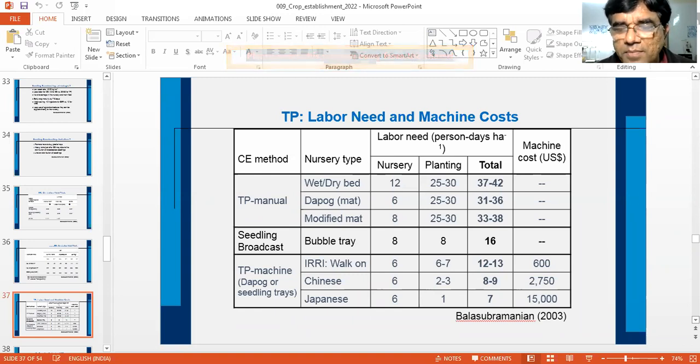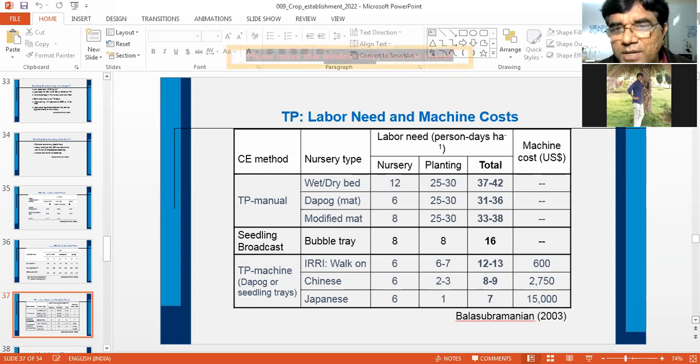Then see the machine transplanting. If it is a manual machine, then for nursery preparation, you need 6 labors for all. In the transplanting for machine for depot seedlings, and if you go planting, if your transplanter is manual, you need 6 to 7. If Chinese, 2 to 3. If Japanese, 1.